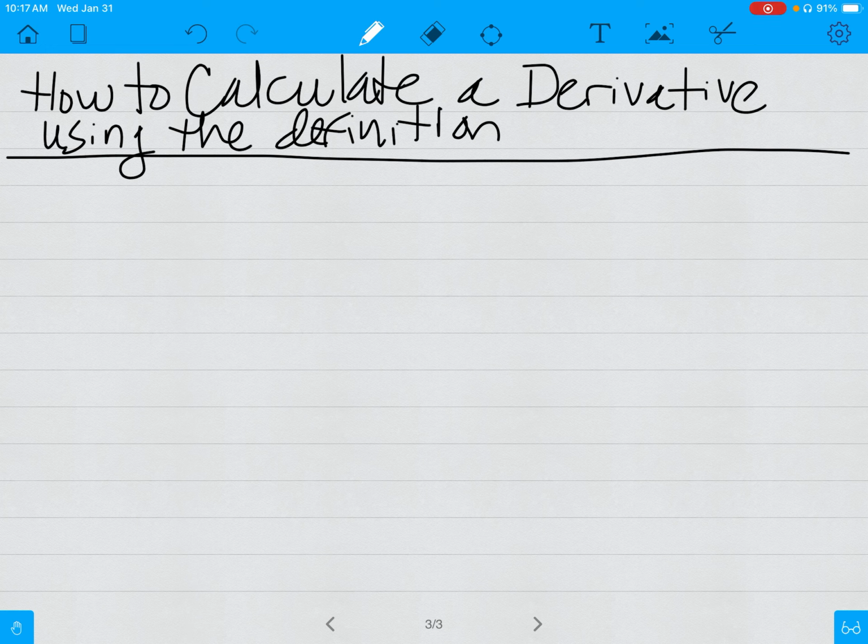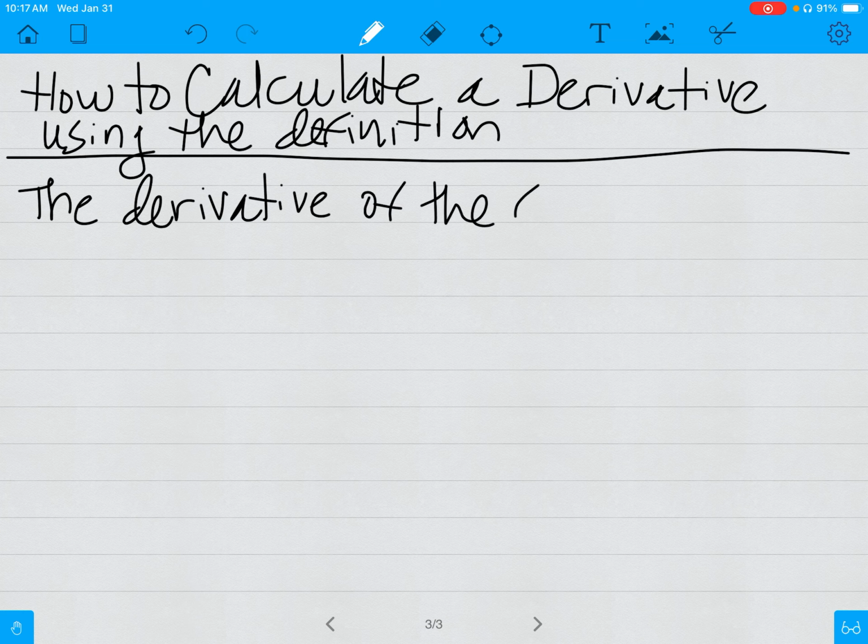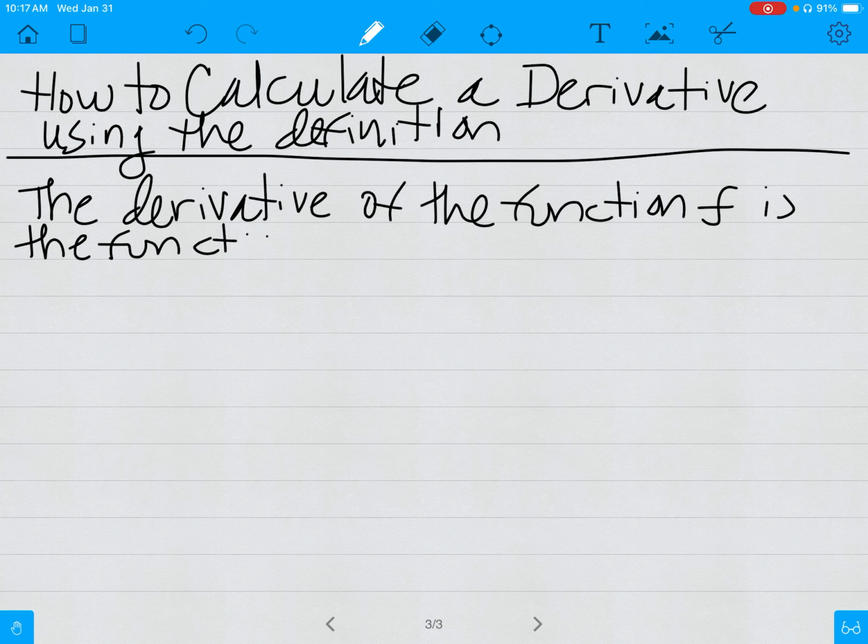So that says the derivative of the function f is the function denoted f prime.